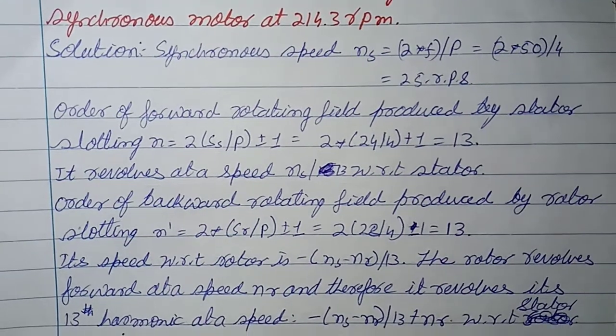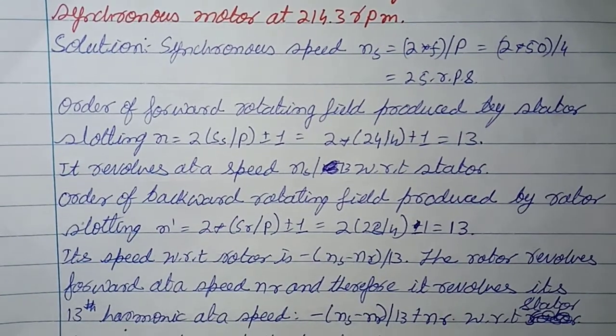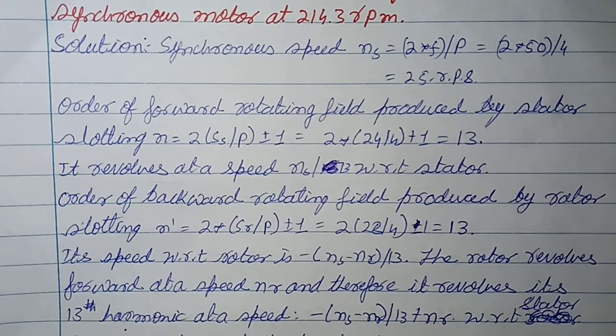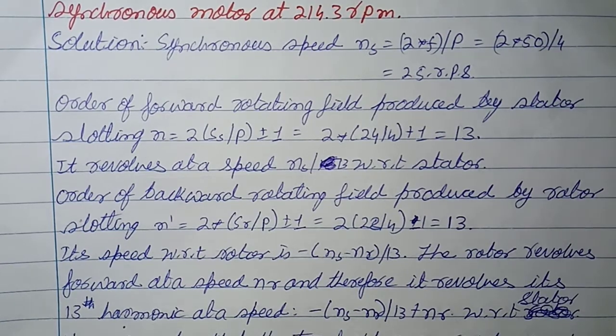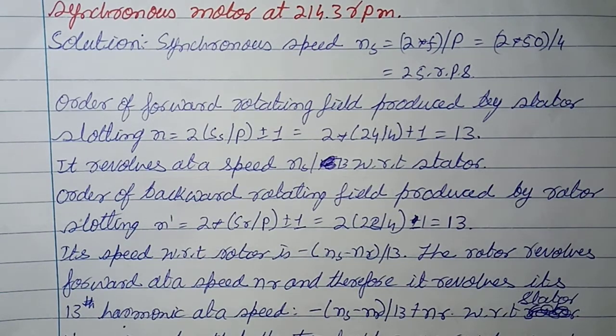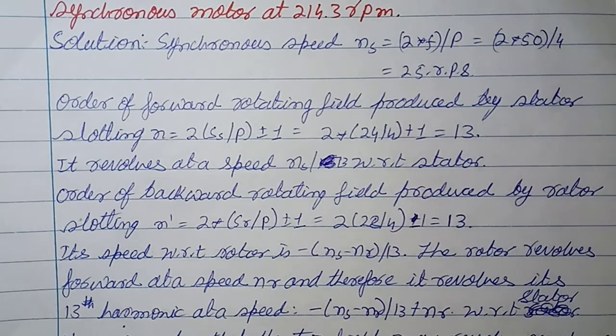The speed with respect to rotor is minus (ns minus nr) by 13.